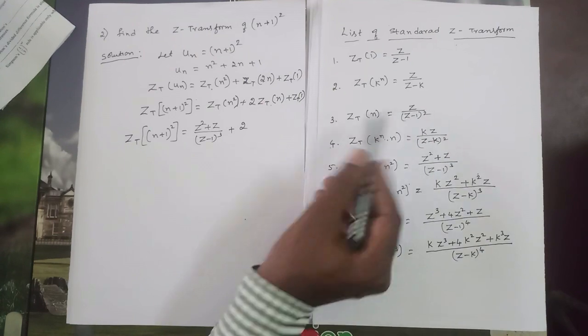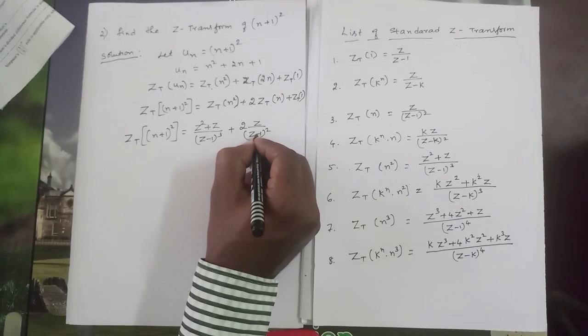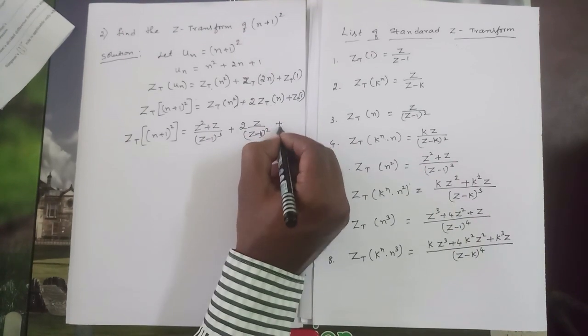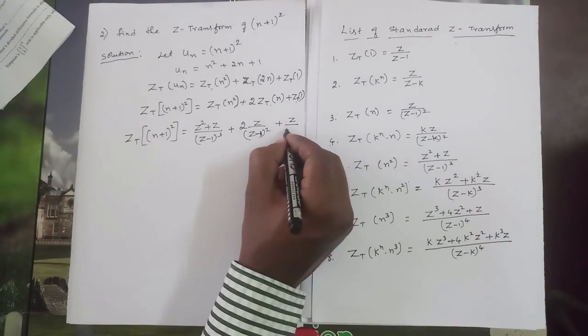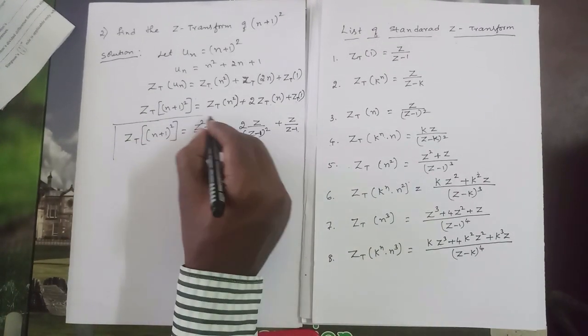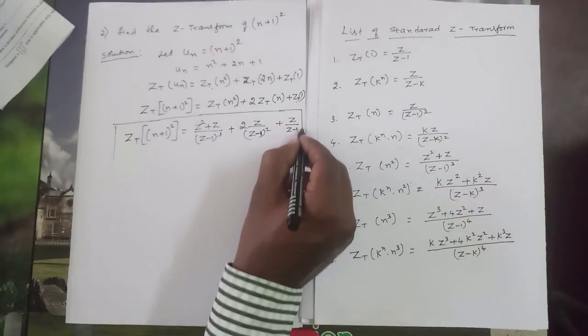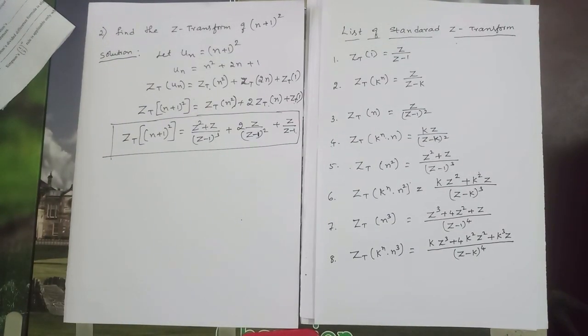Z transform of n means z divided by (z minus 1) whole square, and plus z transform of 1, which is z divided by z minus 1. So this is the required solution. If you want, you can simplify this one also.